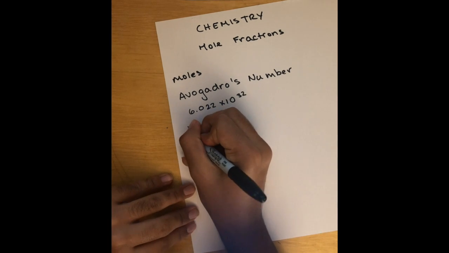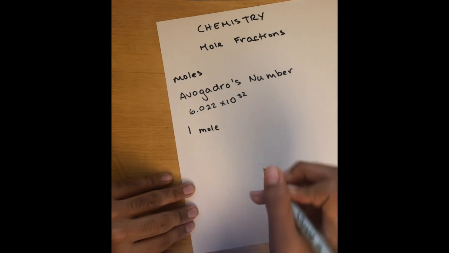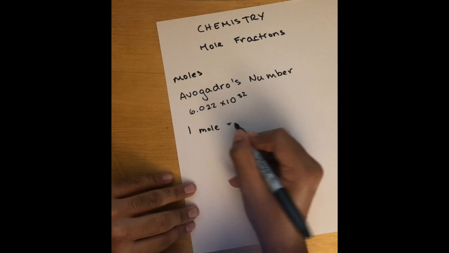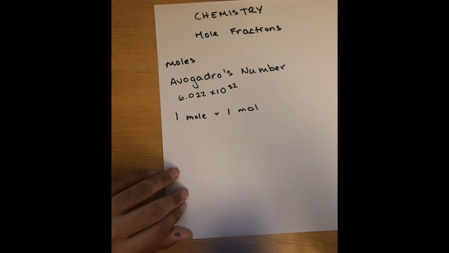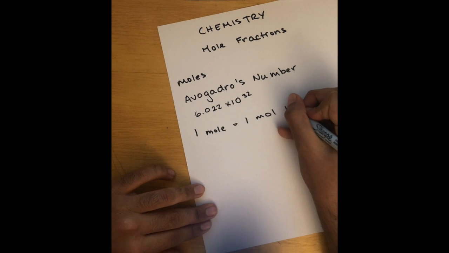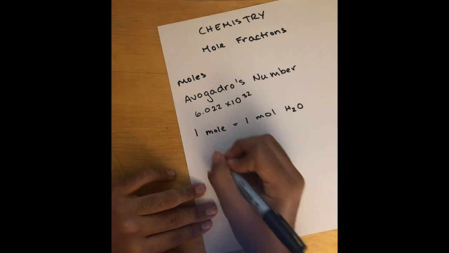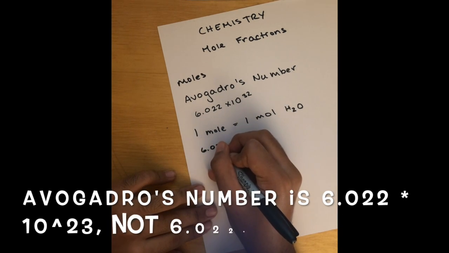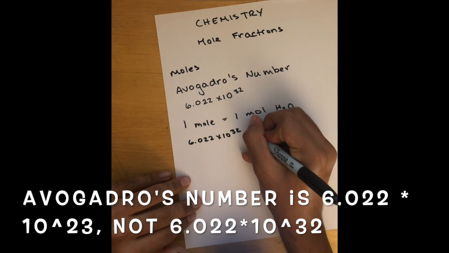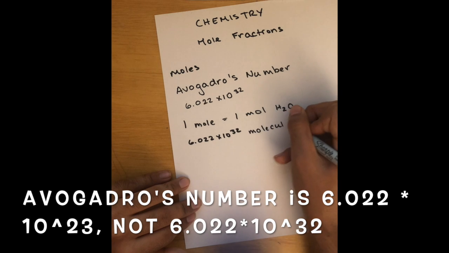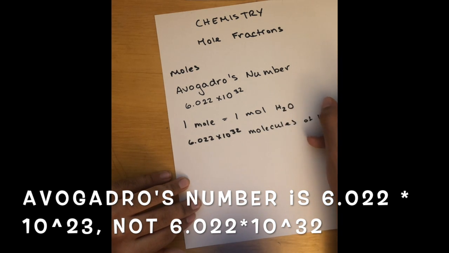Meaning that if I had 1 mole, which when you're doing calculations can be written as 1 MOL, if you have 1 mole of H2O, which is water, you have 6.022 times 10 to the 32nd molecules of H2O.